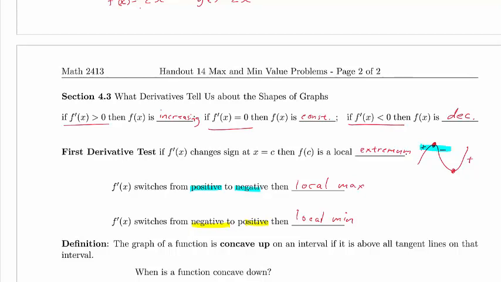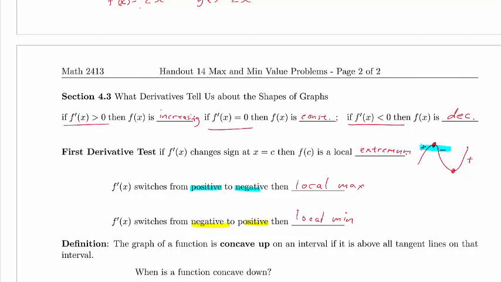All right, and so this is what's known as the first derivative test, and you can use it to identify where you have local maxes and local mins. And all you have to do is first identify when the derivative is 0, and then figure out how, and if, it changes sign before and after.